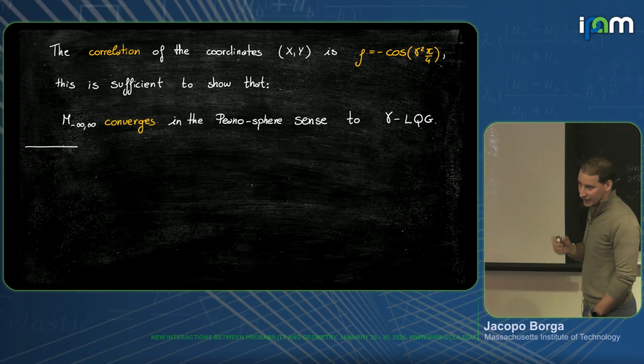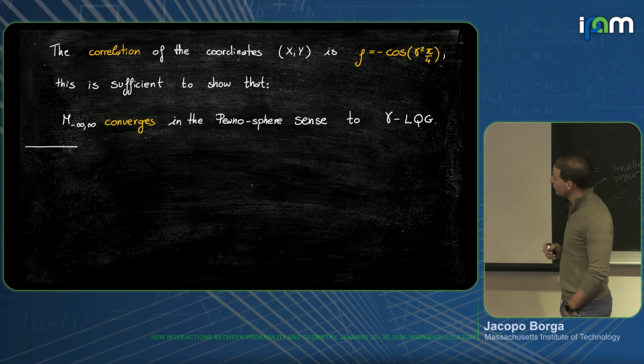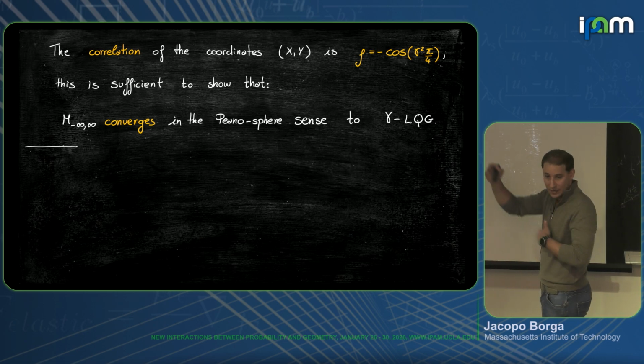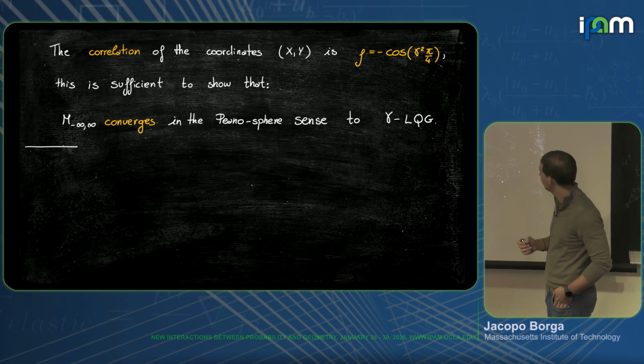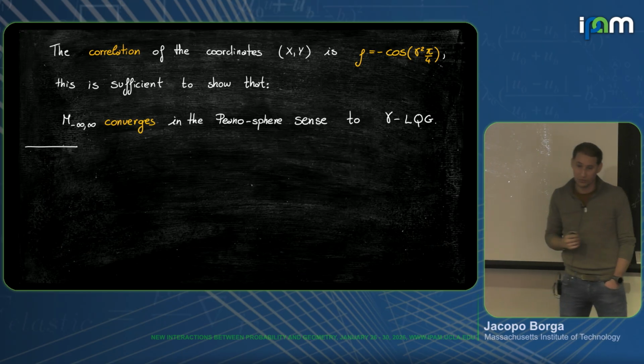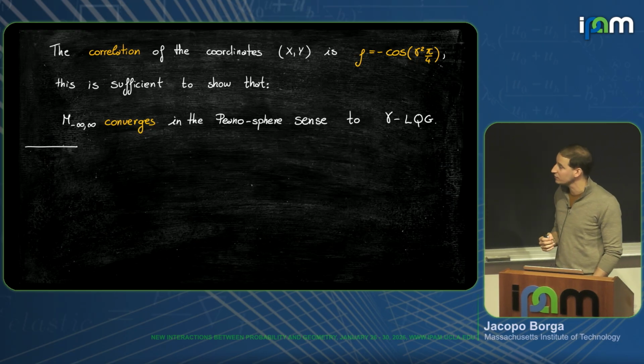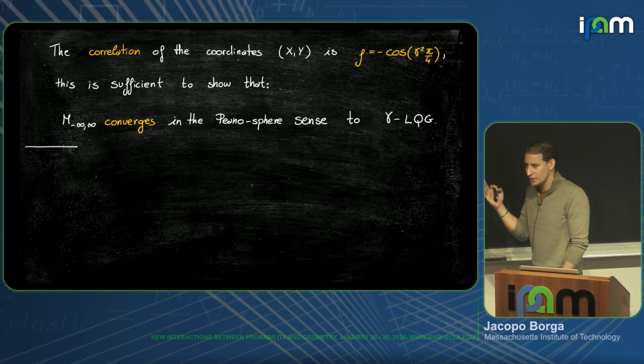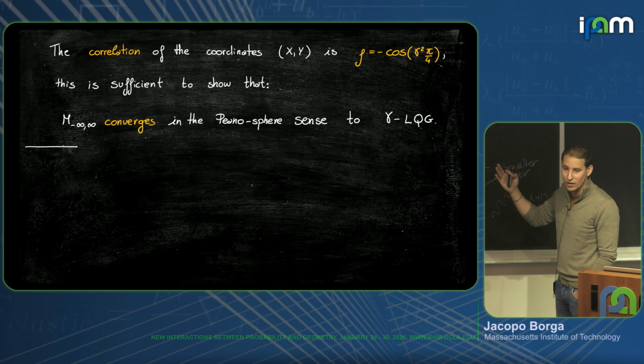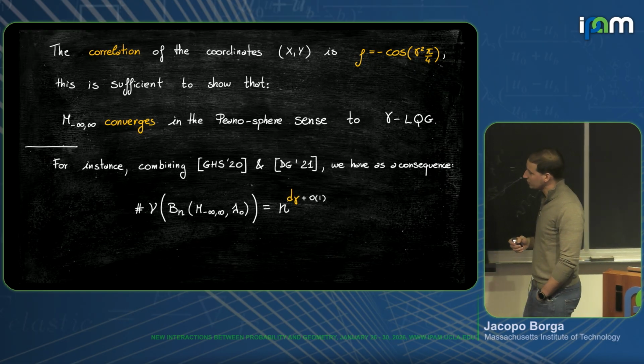And this is equivalent to the statement that the local limit of this planar map in this universality class converges to gamma-Liouville quantum gravity in some sense, called the peanosphere sense. If you're not familiar with this, let me give you a consequence of this.